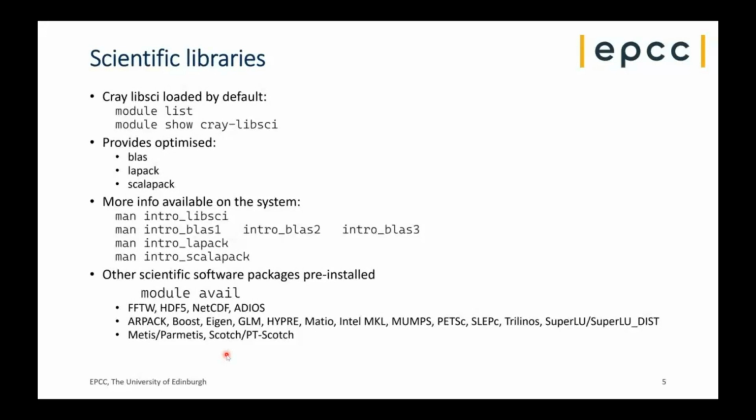Cray has a bunch of scientific libraries, which include the BLAS libraries, the LAPACK libraries, and the ScaLAPACK libraries. But there's also other ones in here that are installed, FFTW, PETSc. We've already had a look at these a little bit. But there are a whole bunch of maths libraries installed, which give you optimized things like matrix, vector operations, and higher order things.